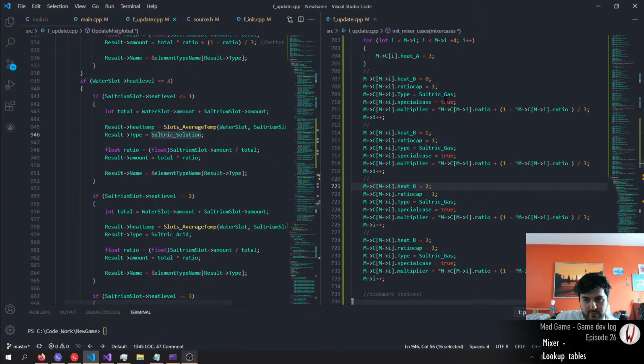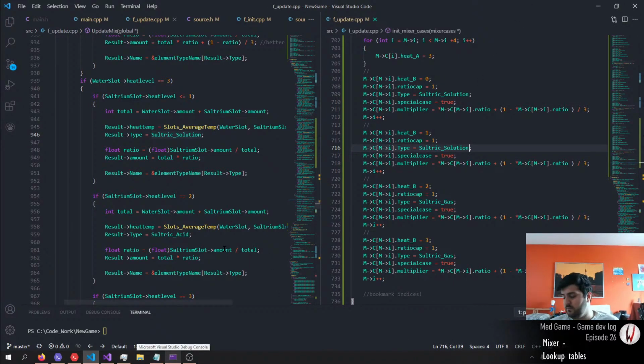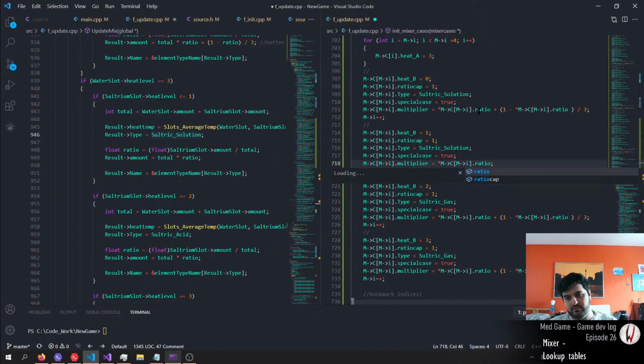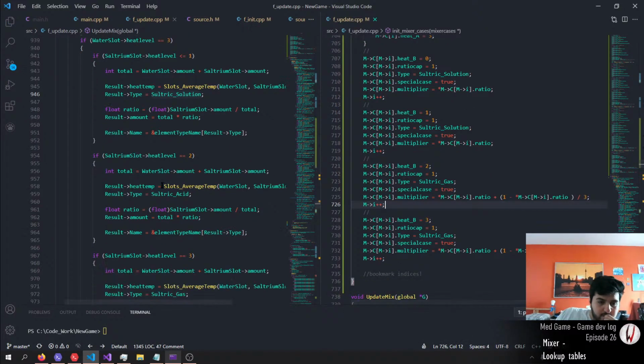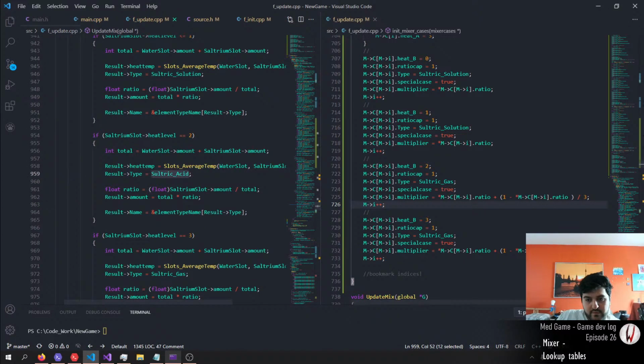Give me a sulfate solution times ratio. That's it. Heat level 2 will give you a sulfuric acid, which also multiplies by ratio.